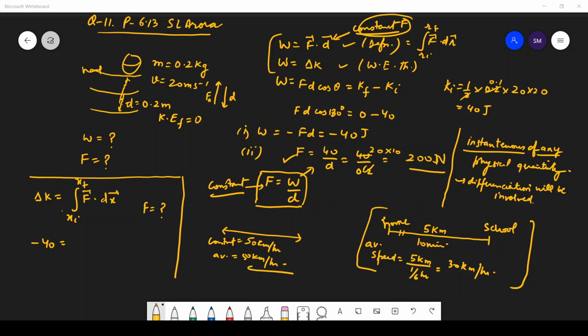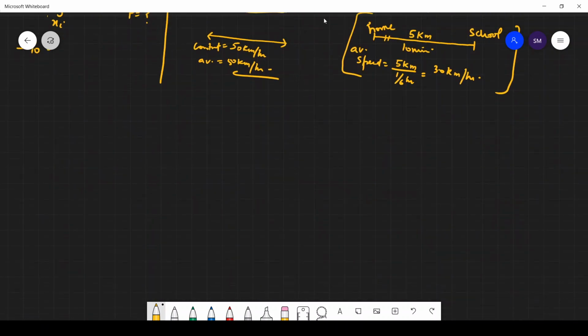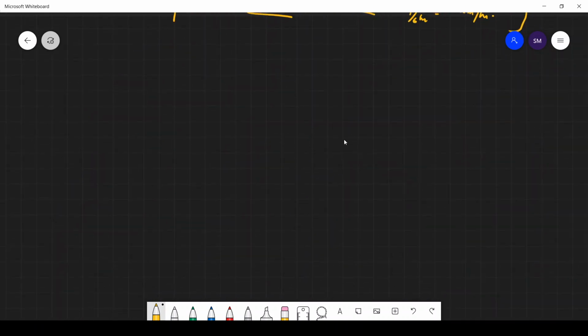Okay, now let us do some important questions. One of the questions that I would like to do with you is, I've already given it in homework, but still, question 6.2, exercise question of NCERT chapter 6 we are doing, which is on page number 134.